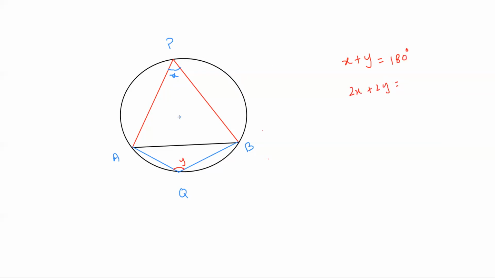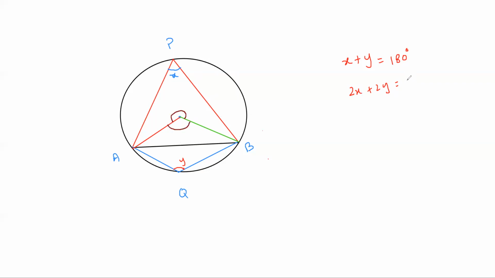Yes, Malaika beta. If X plus Y is 180, then what should 2X plus 2Y be? 360. Yeah, that should be 360.